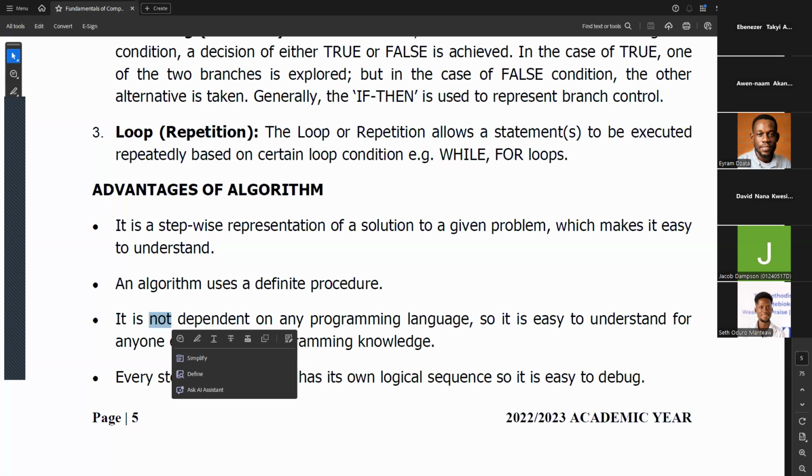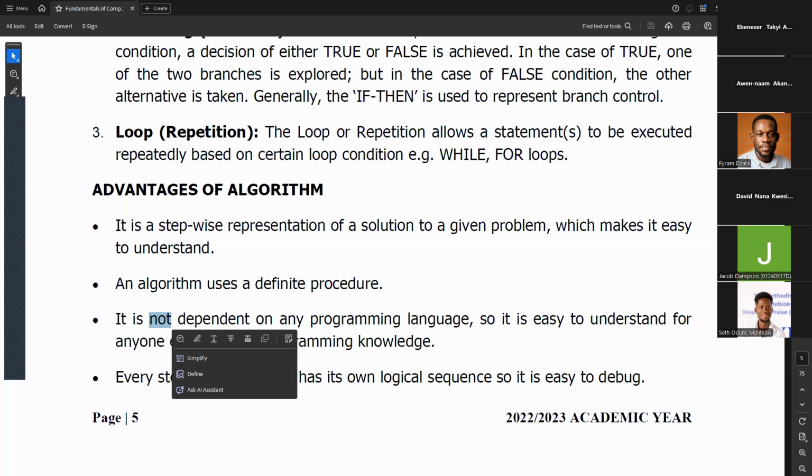I don't need to be good in programming to understand this. If I want to find simple interest, I know I need the principal, the time, and the rate. I don't need to be a good programmer to know how to calculate simple interest. That's why we say it does not depend on a programming language.